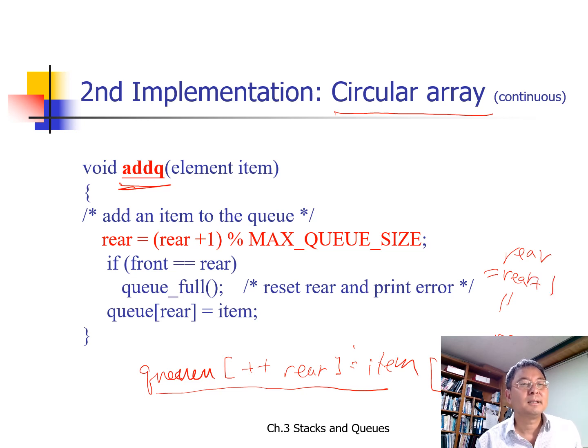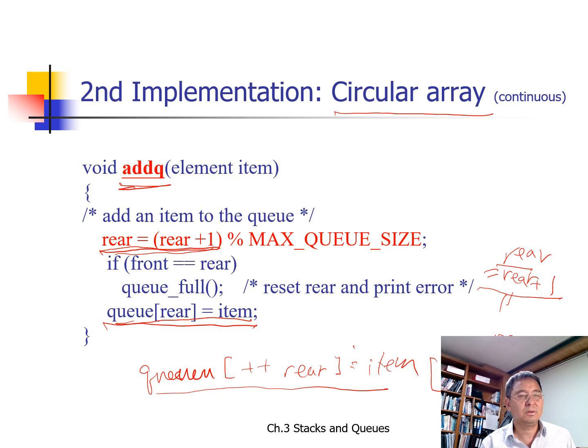Okay, so this is very similar to the first implementation. The only difference is here: rear = rear + 1, and queue[rear] = item. Yes, it's the same, but the only different point is here.